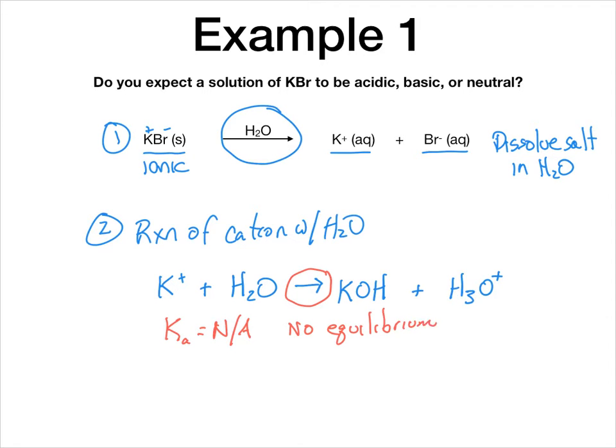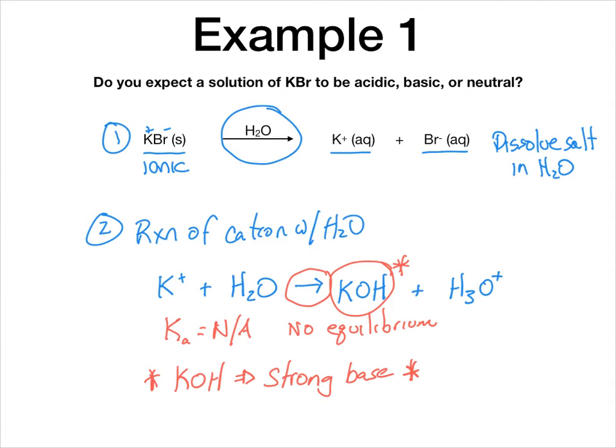And there is no equilibrium because of this KOH. So this potassium hydroxide, this is one of our strong bases. Again, if you don't remember your strong bases, be sure to look back at video 1 so that you know these. You need to have these memorized.